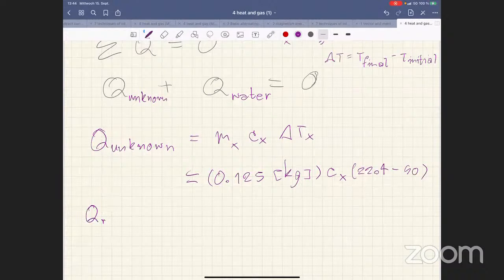And Q, let's talk about Q water. The heat related to the water is going to be the mass of water and the specific heat of water and delta T of water, because they start from different temperatures, they have their own temperature change.